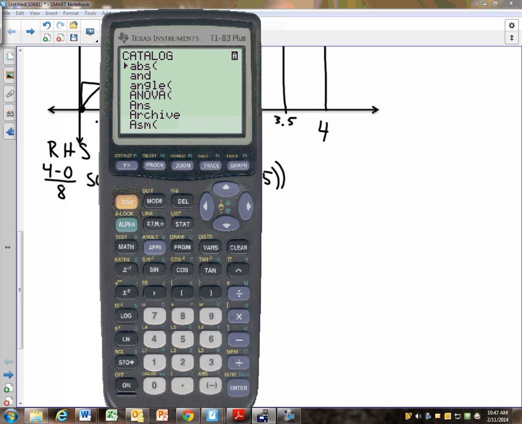If I go to T, I could go up at sum, catalog. S for sequence. Now what? Y bars, function, y1, comma, x, comma, 0.5, comma, 4, comma, 0.5, close. Got it. 5.765.